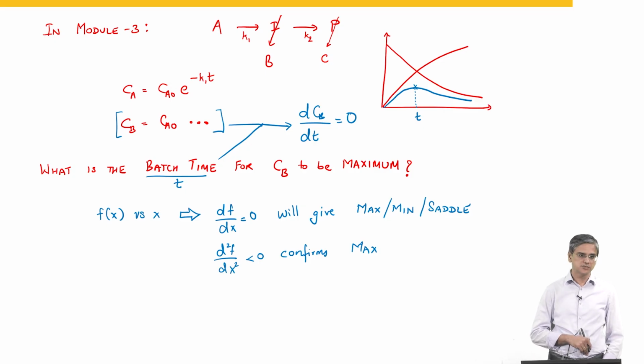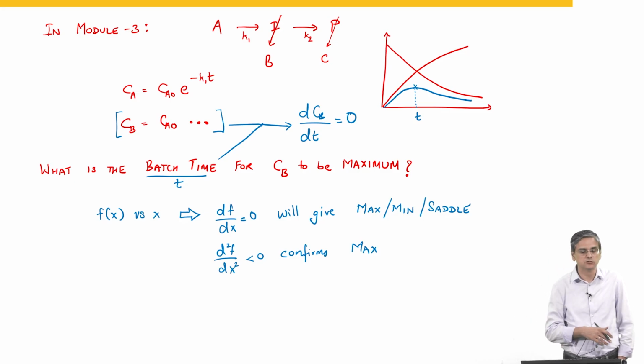You have multiple ways to do this, but essentially all of them are equivalent. You get your Cb expression, right. From the Cb expression, you differentiate it with time, equate it to 0, and you will get t star. Alternatively, dCb by dt is what? It is K1 Ca minus K2 Cb.